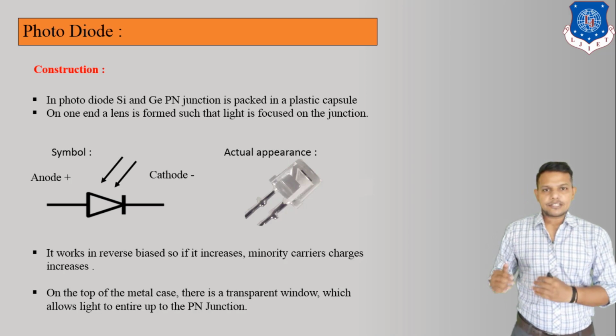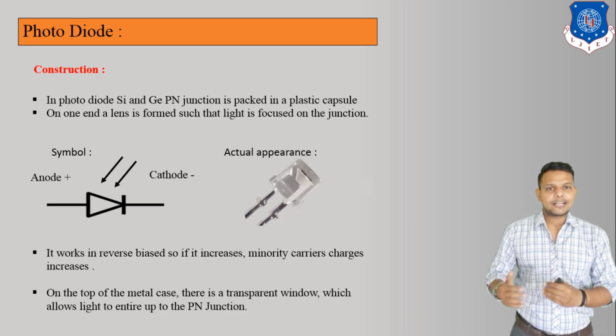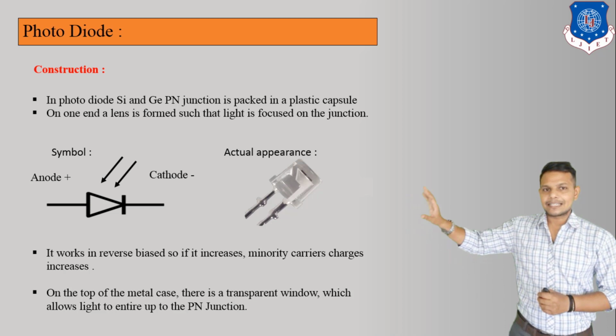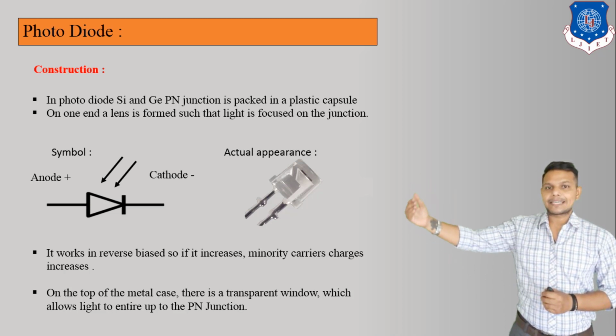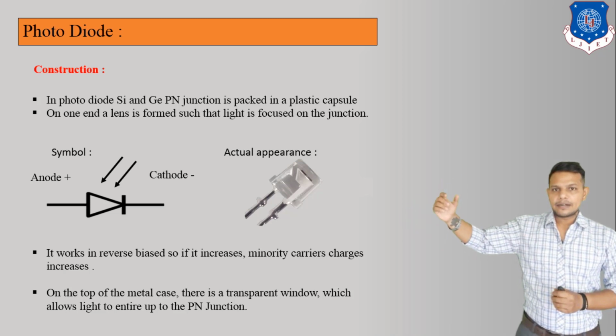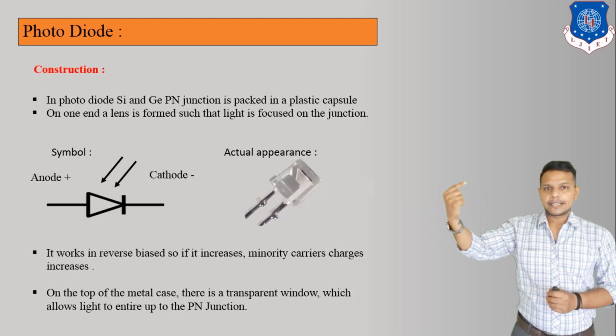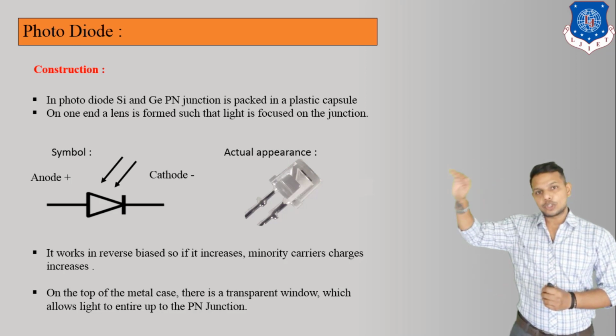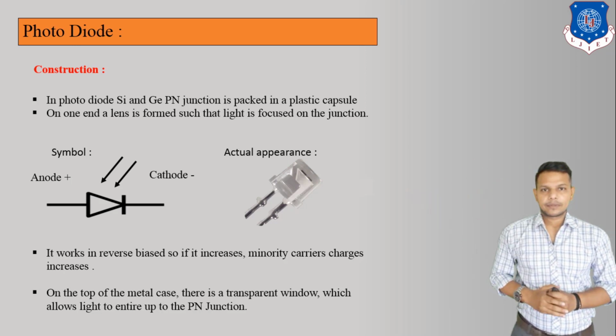Photodiode is constructed with the help of silicon and germanium material. It is packed in a plastic capsule. Here we can see the actual appearance of photodiode. It is in a plastic capsule and its upper side is totally transparent because light enters through this upper side.